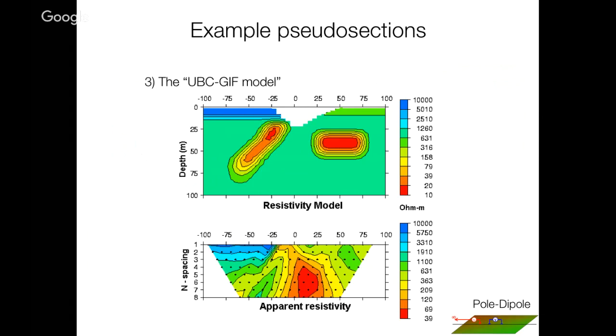If people try to interpret it as an image, it's a bit dangerous, very dangerous. But the real value of the pseudo-section is that at least you can see your data.